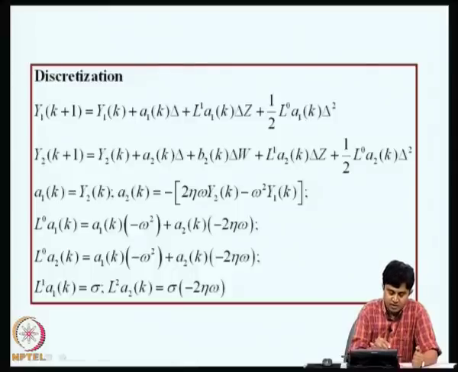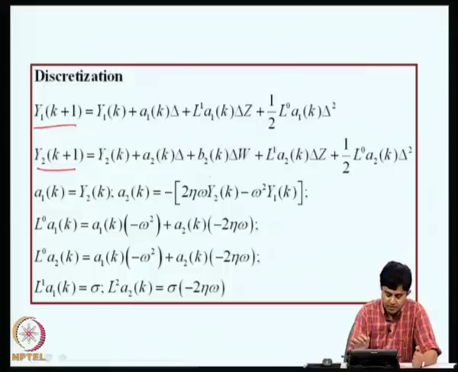Similarly, this is velocity, this is displacement, and we get these maps, and we can begin with k equal to 0 and recursively evaluate these quantities and obtain the evolution of displacement and velocity as a function of time.